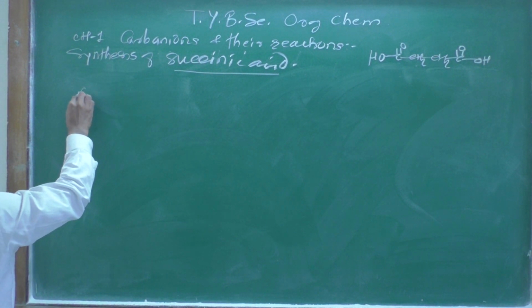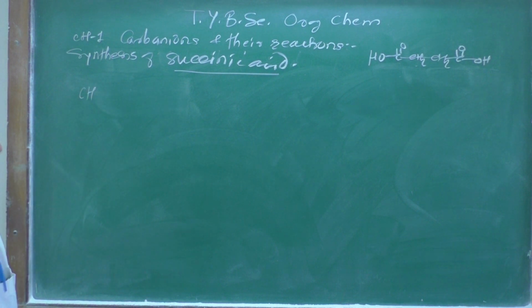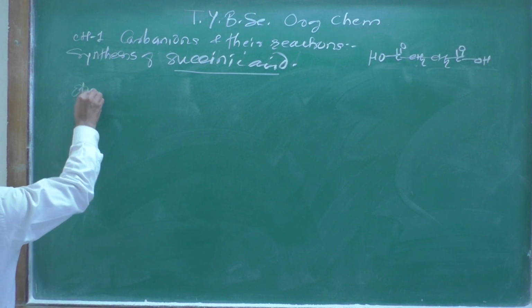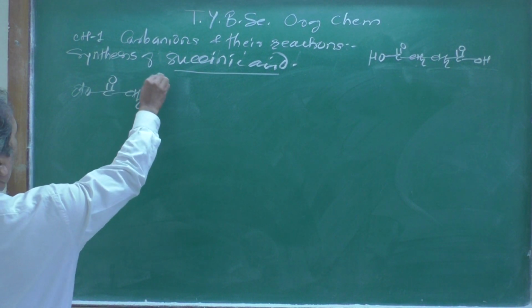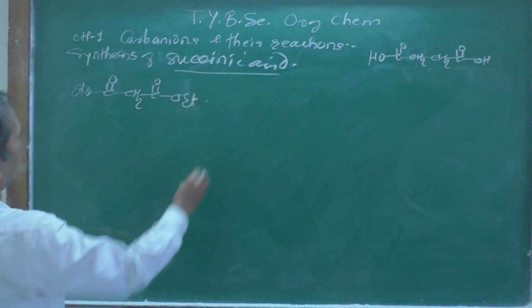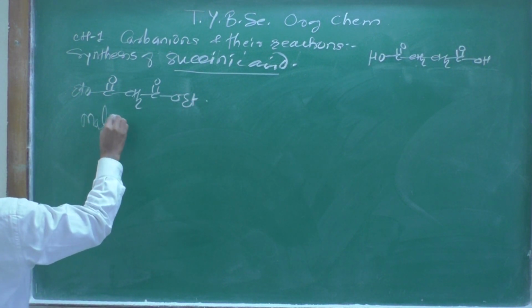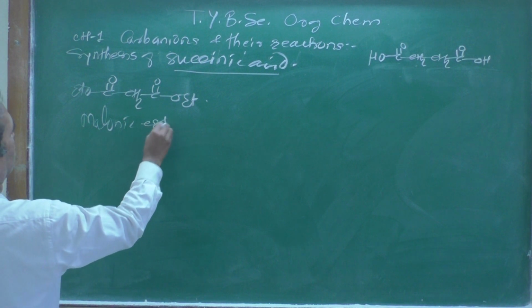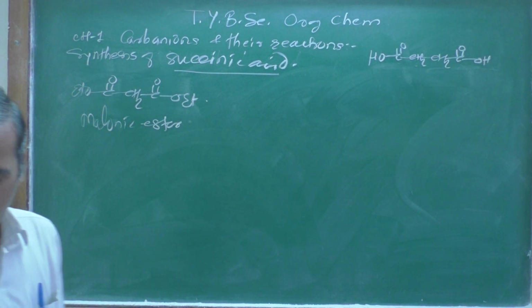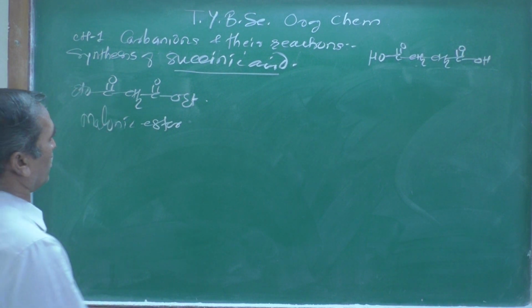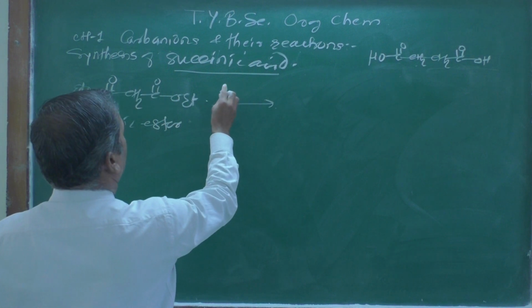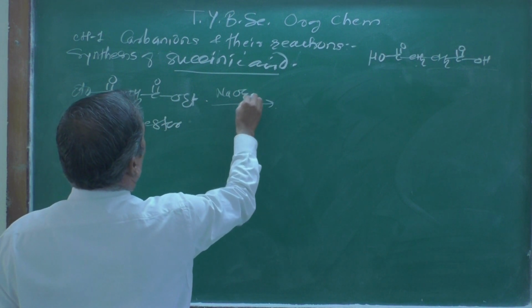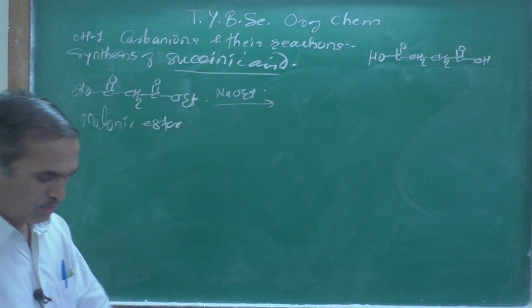Let us see here malonic ester. We know the structure of malonic ester is EtO, then C double bond O, then CH2, C double bond O, then OEt. To this malonic ester we slowly add sodium ethoxide, NaOEt, which is generally used as a base.